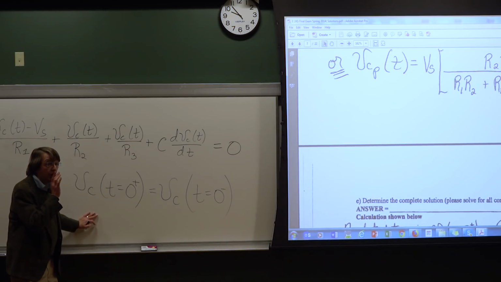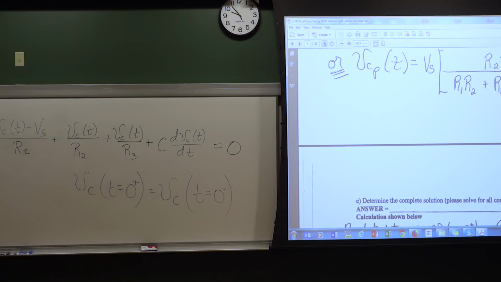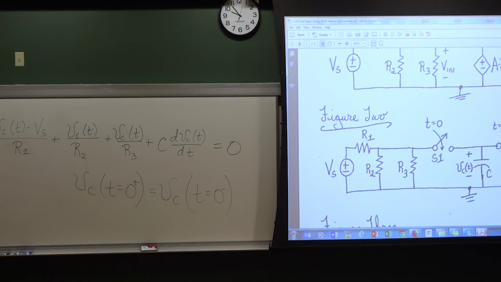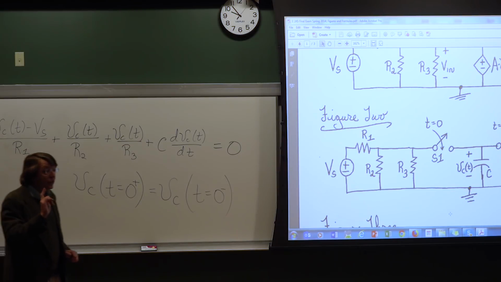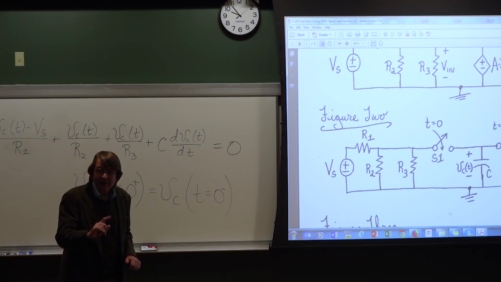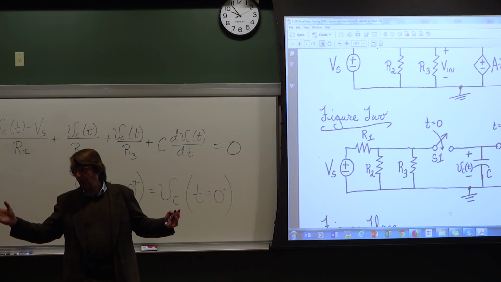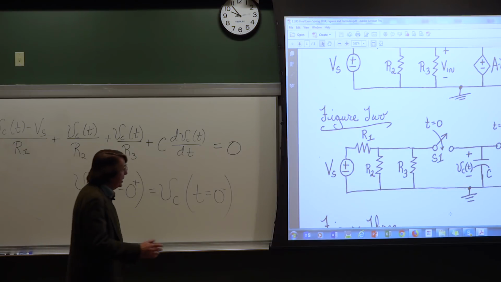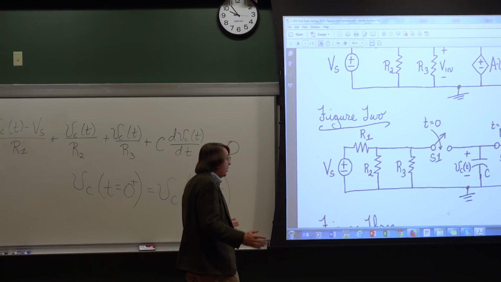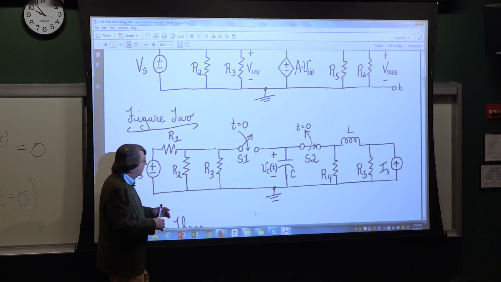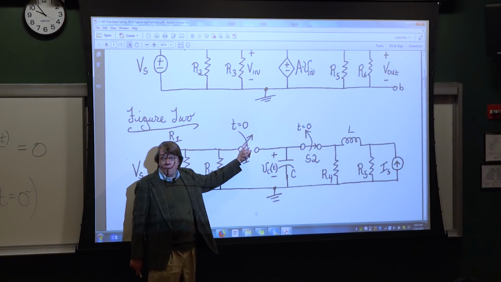So what we need to do is go back to the circuit, and even though we want something at t equals 0 plus, we look at the circuit at t equals 0 minus. That's beautiful. So at t equals 0 minus, this switch is still open.